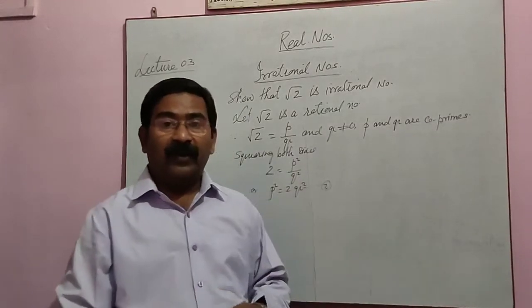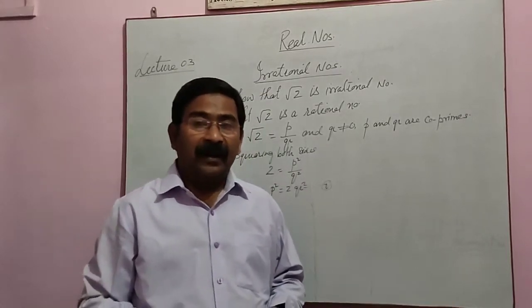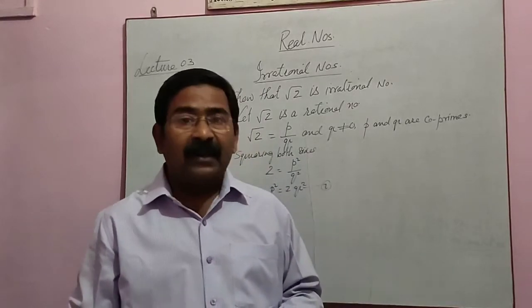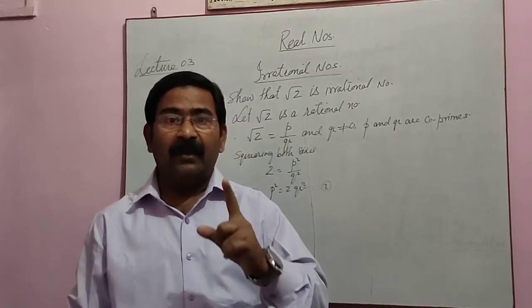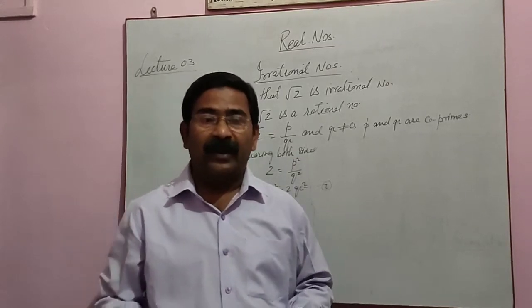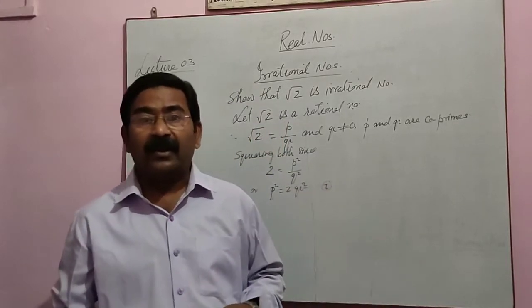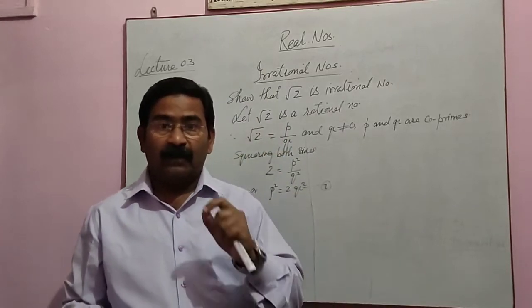Now one fact I am going to tell you. If a number is a factor of any perfect square number, then the same number is also a factor of its square root. Let me explain once again what I am telling.